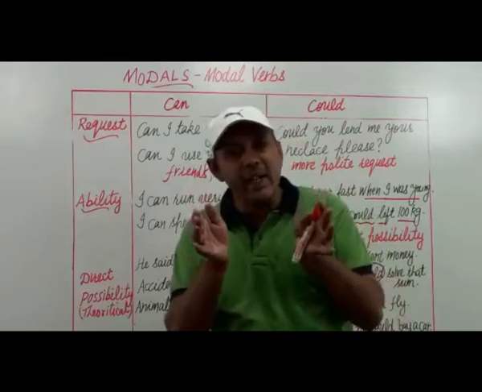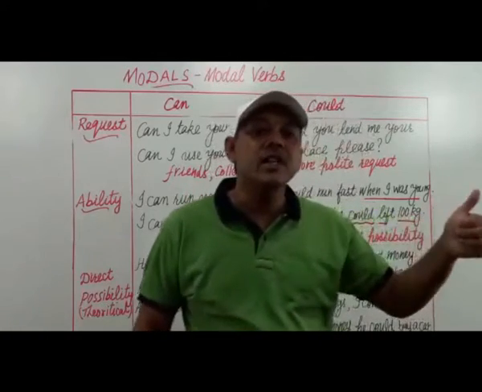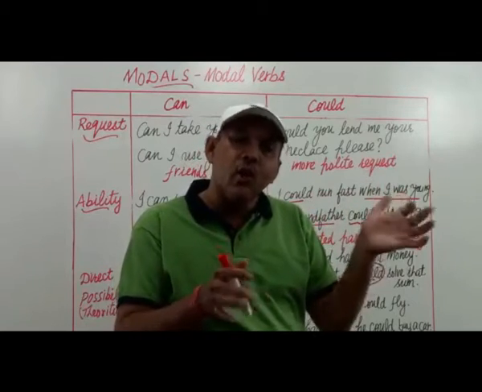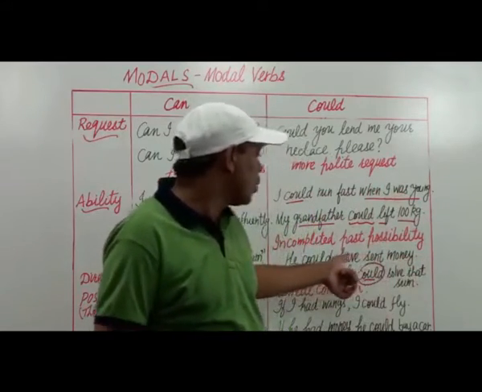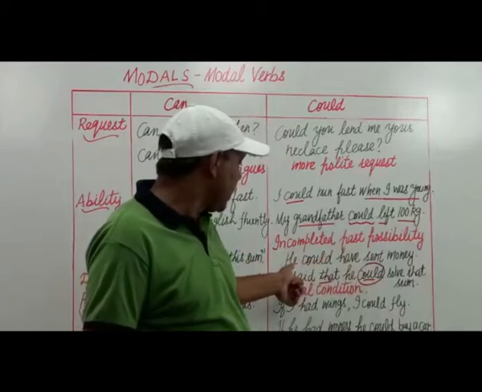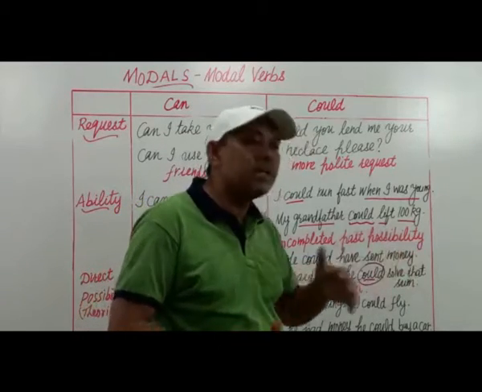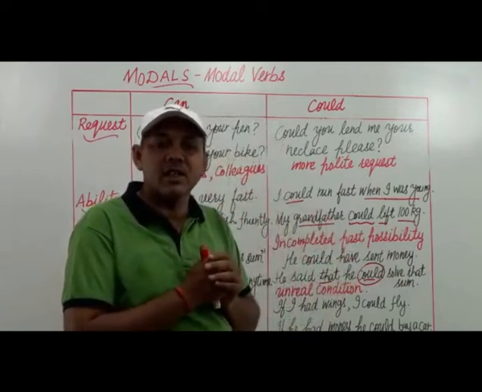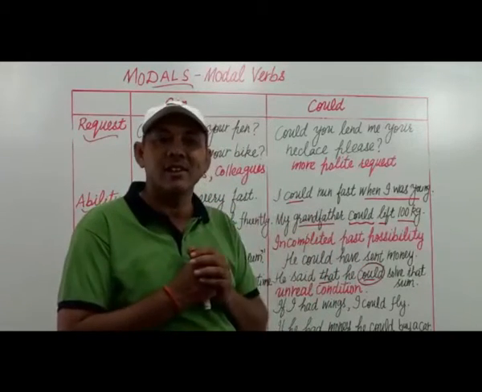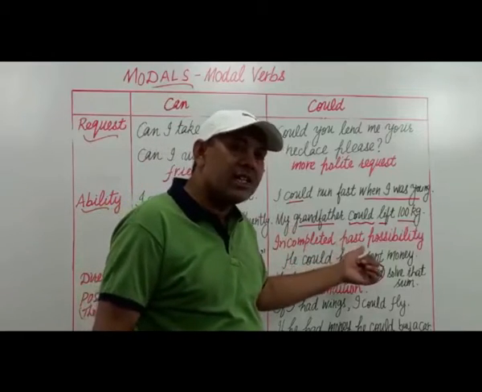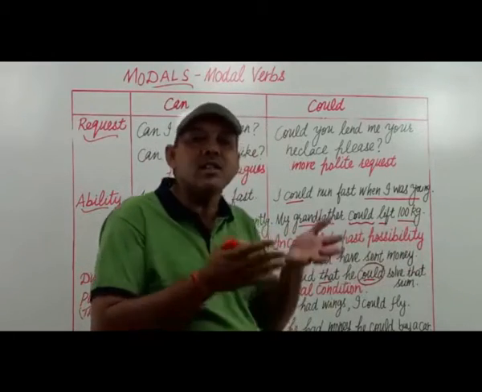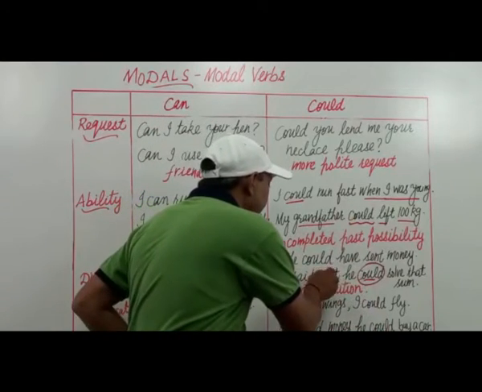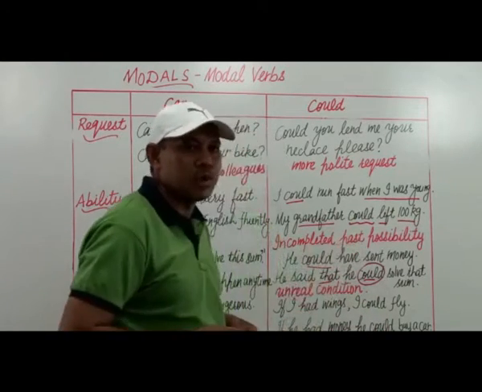If there is a past possibility and which is incompleted, ऐसी possibility जो past की है और इनकम्प्लीटेड रही, उसमें भी हम could का यूज करेंगे. फॉर एग्जाम्पल, he could have sent me money. उसे मेरे पास पैसे पहुंचा देने चाहिए थे, लेकिन but he didn't send. He could have sent me money, but he didn't send. We will use could here in incompleted past possibility.